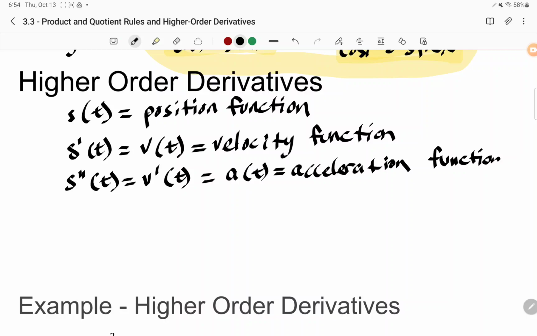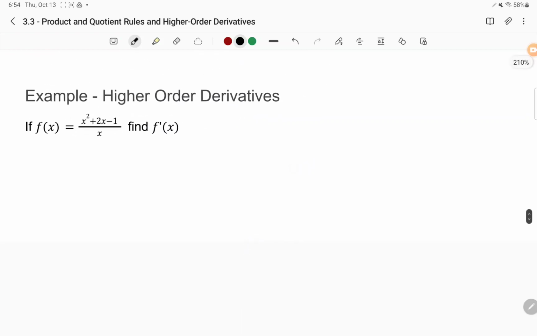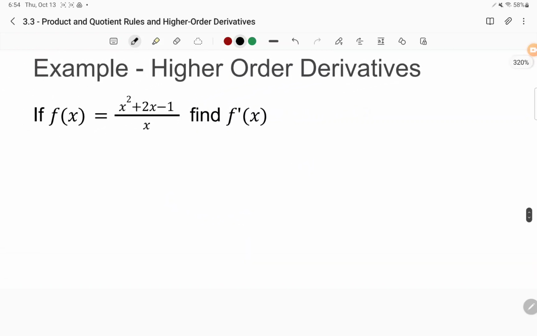So those are your higher order applications. If you want to find any of the acceleration, velocity, or position, they're all there. Let's go ahead and try some examples. Go ahead and try this one and see how you do, and come back and check your answer.